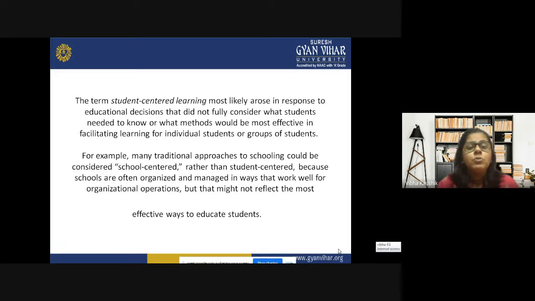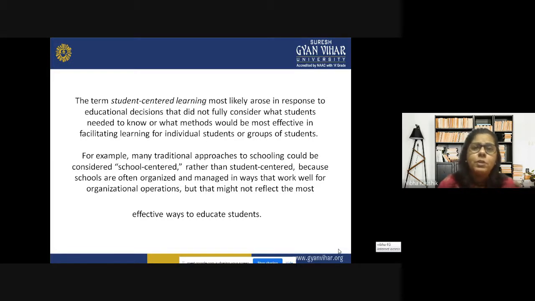The term student-centered learning most likely arose in response to educational decisions that did not fully consider what students needed, or what methods would be most effective in facilitating learning for individual students or groups of students.